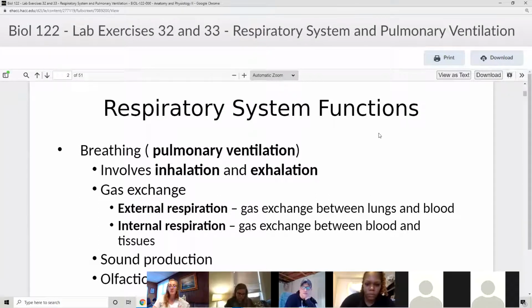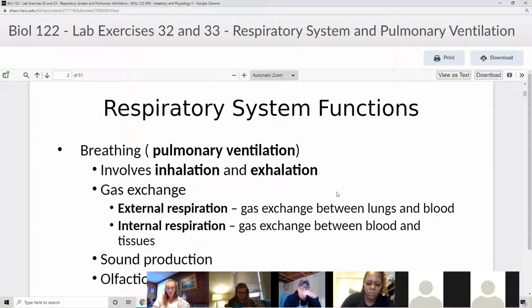It's actually the amount of air moving in and out of the lungs. It defines pulmonary ventilation, the air moving in and out of the lungs. It involves inhalation and exhalation.